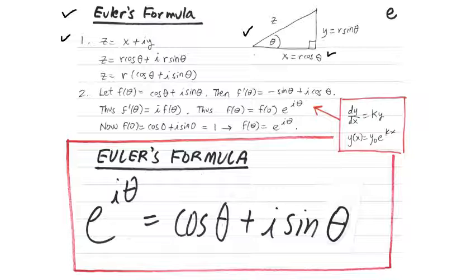Then we use the usual expressions for relating the x and y Cartesian coordinates to the trig functions and just substitute those in here. That gives us our complex number.